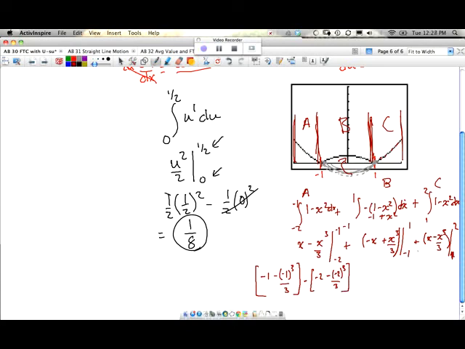That's our bottom. And then for the middle one, plus, now we got in the middle, top minus bottom. This is going to be negative 1 plus 1 cubed over 3.